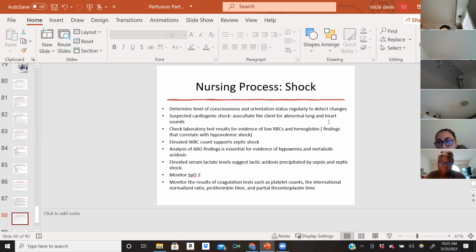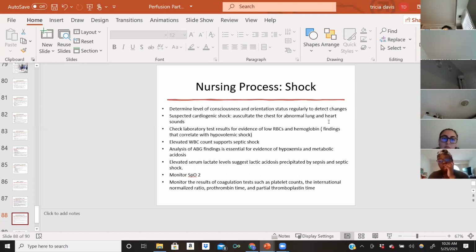For patients with suspected cardiogenic shock, we're going to auscultate the chest for any abnormal lung and heart sounds. We're going to be checking our lab test results for low red blood cells, hematocrit, and hemoglobin levels, which we know could correlate with hypovolemic shock. We're going to look for elevated white blood counts that could support septic shock, because remember, septic is from bacteria.